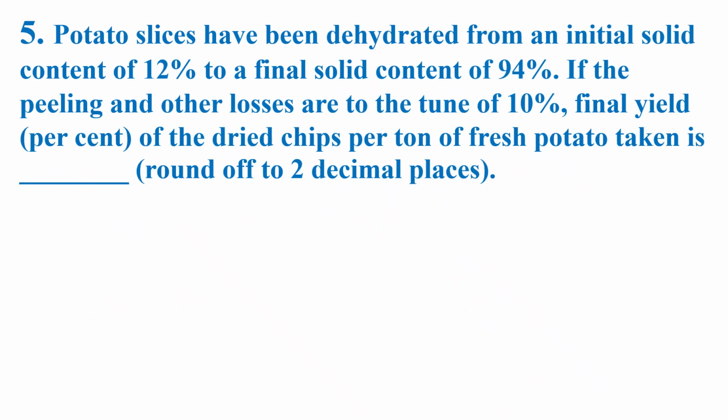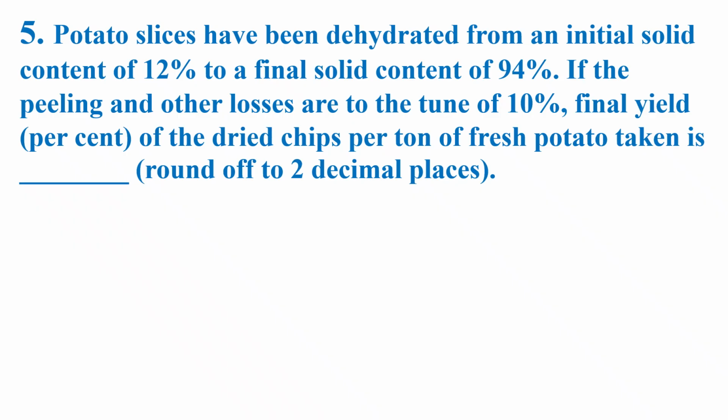Potato chips have been dehydrated from an initial solid content of 12% to the final solid content of 94%. Now, if the peeling and the other losses are to the tune of 10%, final yield percent of the dried chips per ton of fresh potato will be how much, and we have to round it off to 2 decimal places.